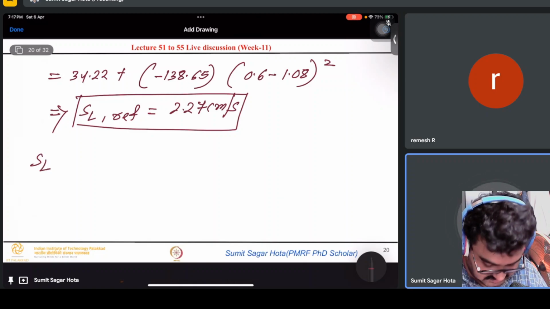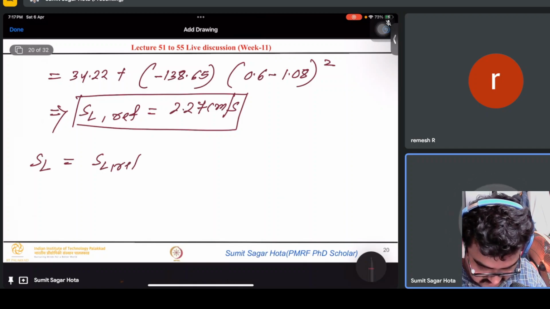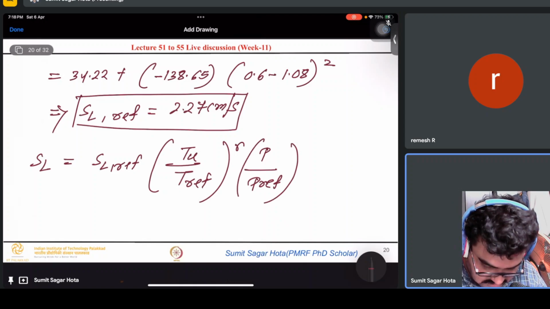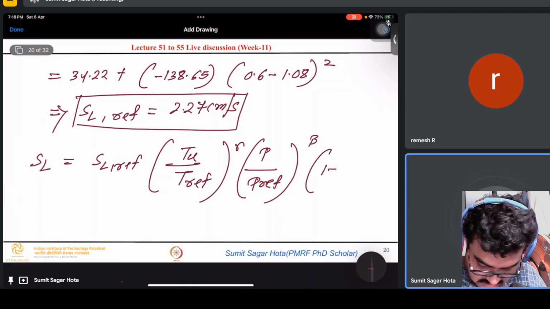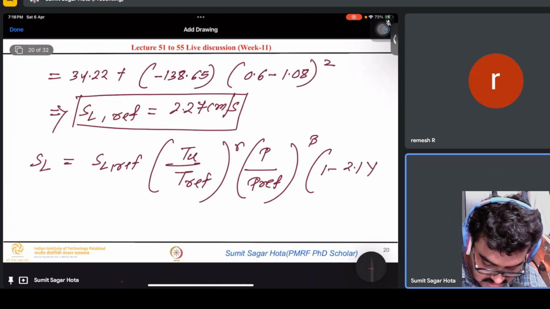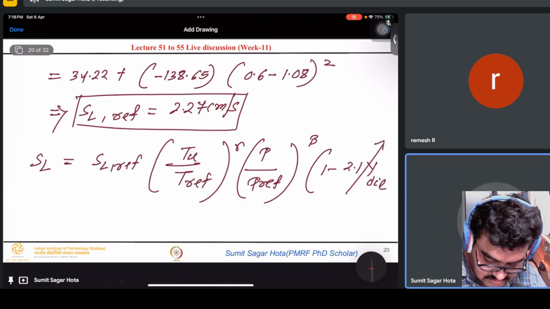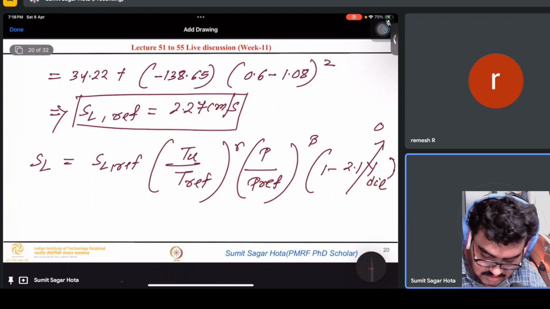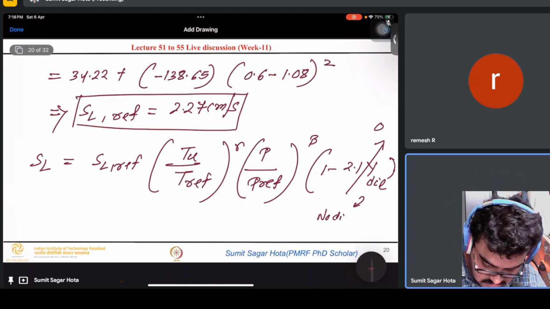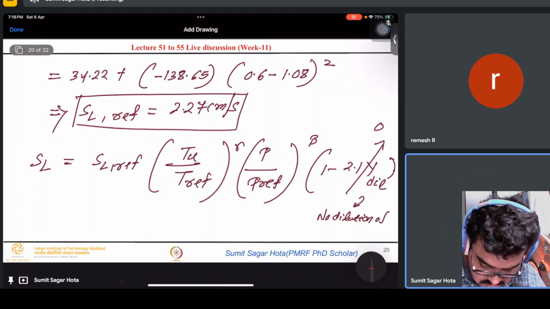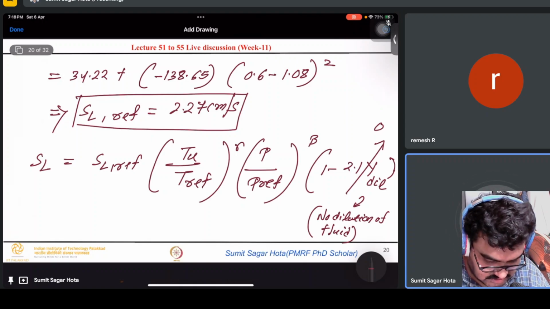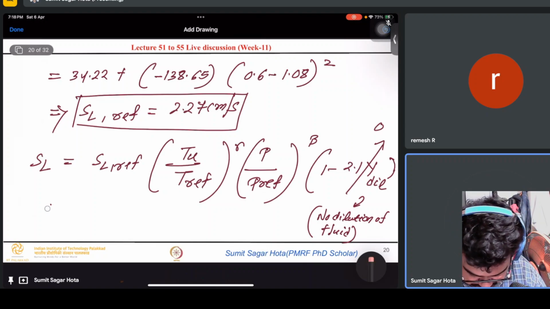The laminar flame speed formula: SL is equal to SL reference times (TF/T reference) to the power gamma times (P/P reference) to the power beta times (1 minus dilution). Obviously we are not assuming dilution. We have to just substitute values.